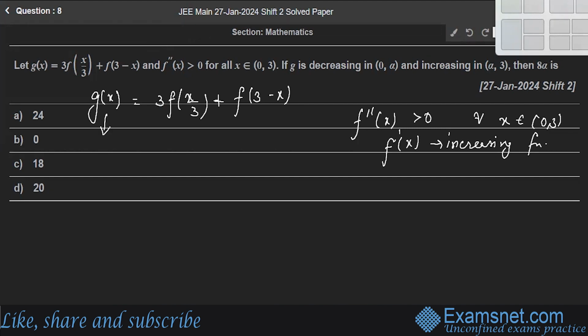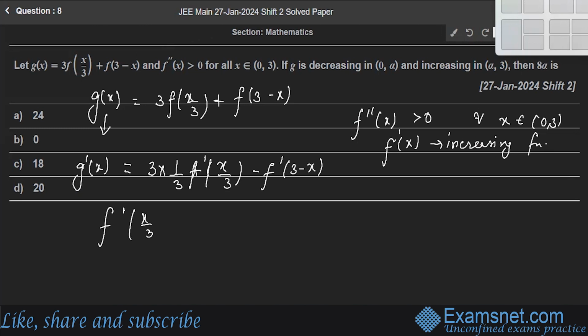So let's find its derivative. g dash x will be equal to 3 into 1 by 3 into f dash x by 3 minus this function. Also f dash x by 3, let's say g dash x is equal to this minus this.